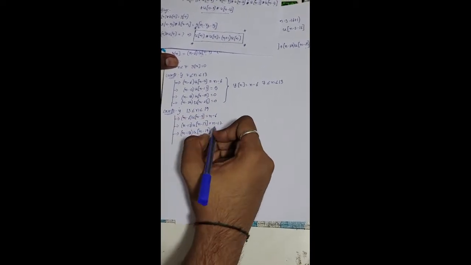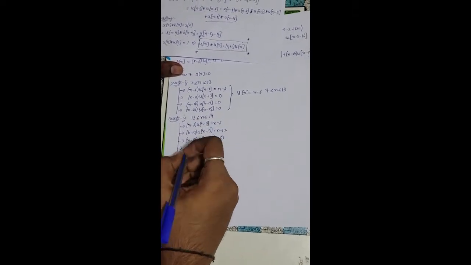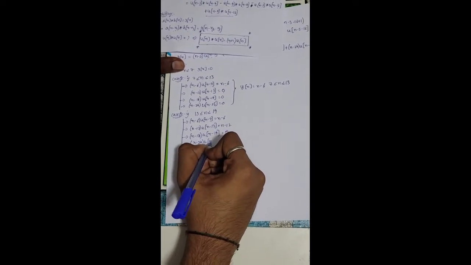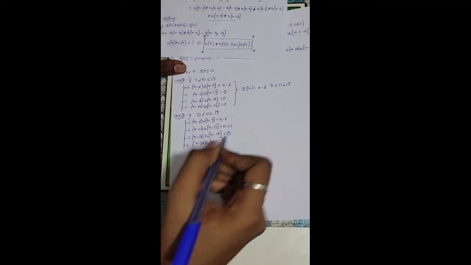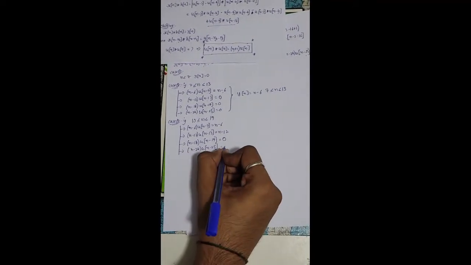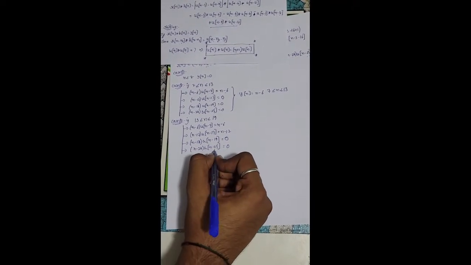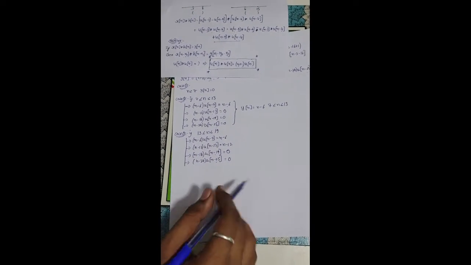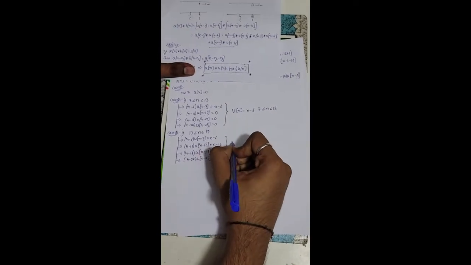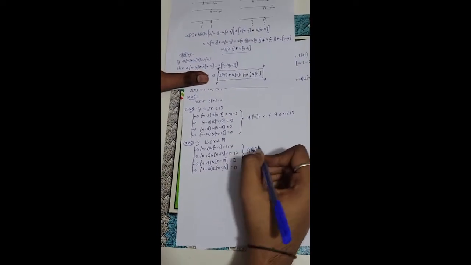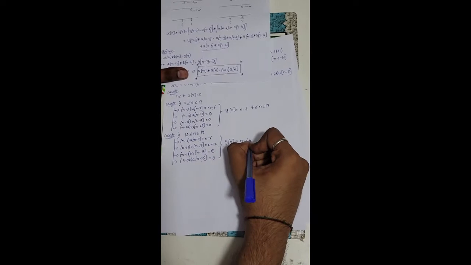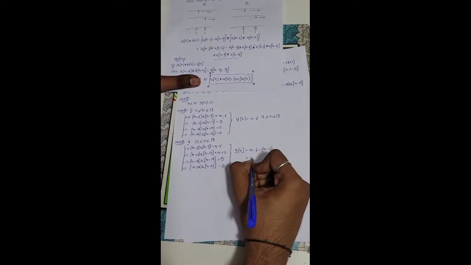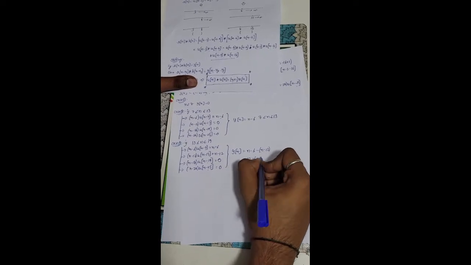Between these this is not possible, so it will become 0. And n minus 24 into u of n minus 25 is also not possible, so this will also become 0, because it will only start from 25, and the n value is between 13 and 19. So we get y of n is equal to n minus 6 minus of n minus 12, which is equal to 12 minus 6, which is equal to 6.